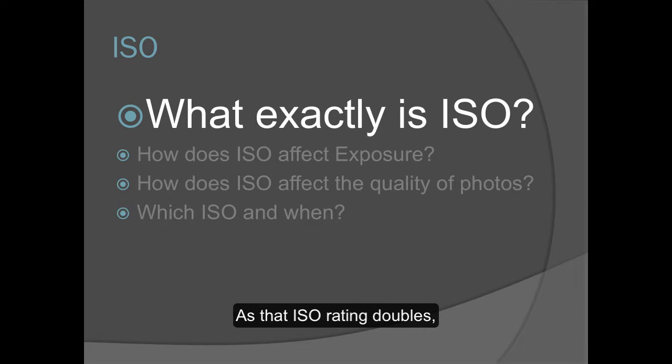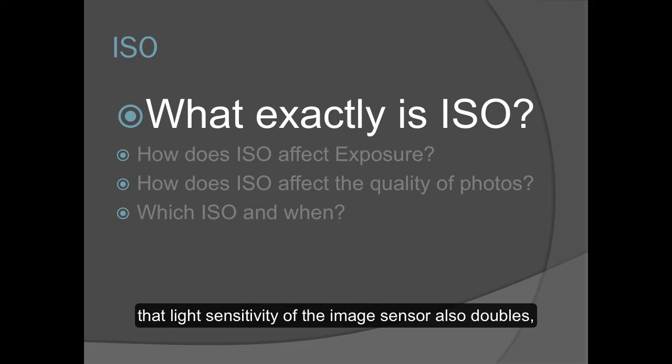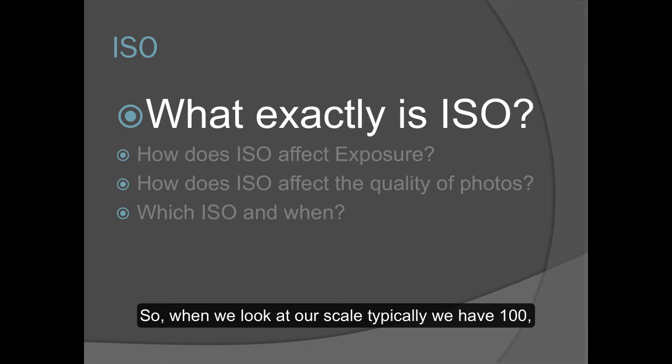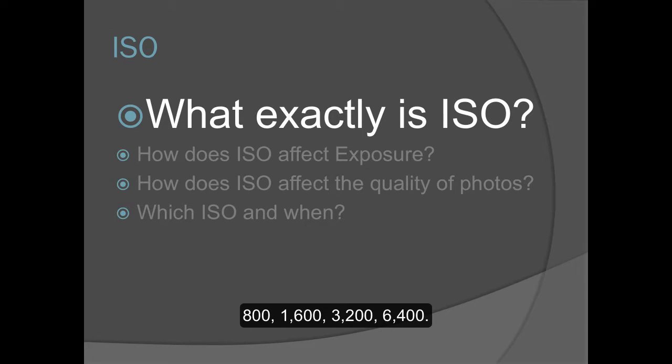As the ISO rating doubles, the light sensitivity of the image sensor also doubles, or can be considered twice as fast. So typically we have 100, double that we get 200, then 400, 800, 1600, 3200, 6400.